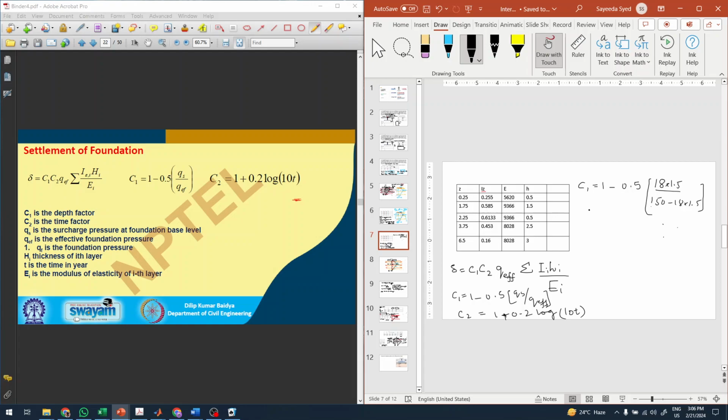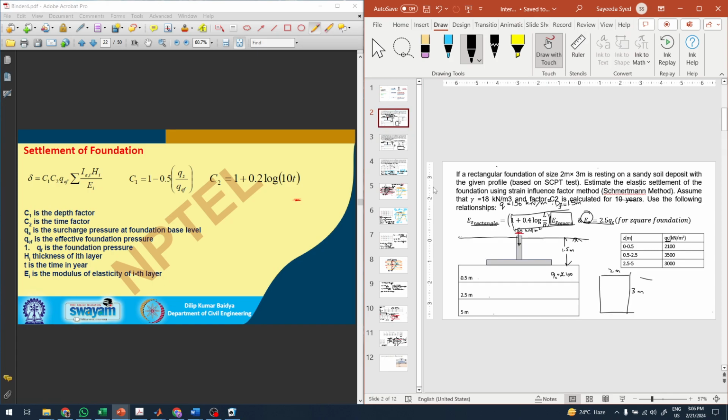This comes out to be 0.89, and C2 equals 1 plus 0.2 log of 10t, and in the question our t is given, t is 10 years.